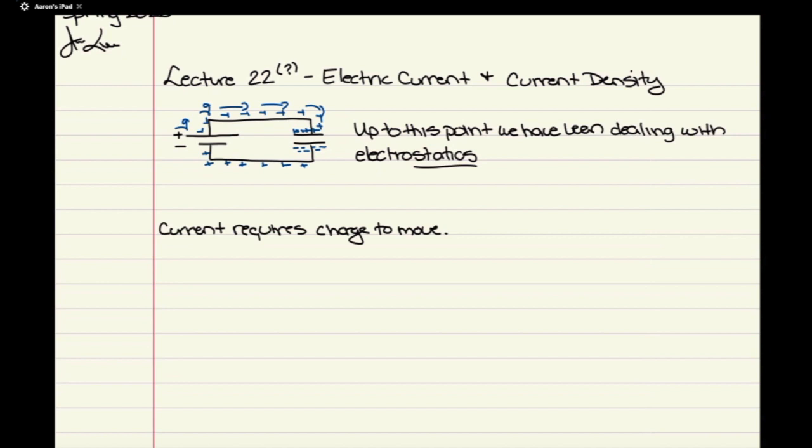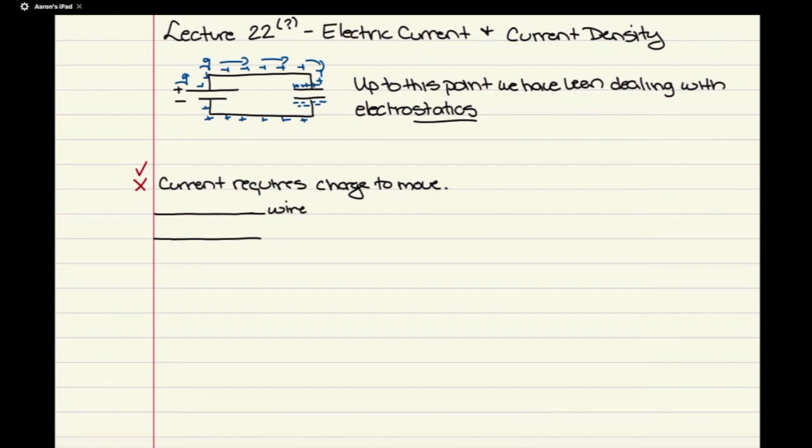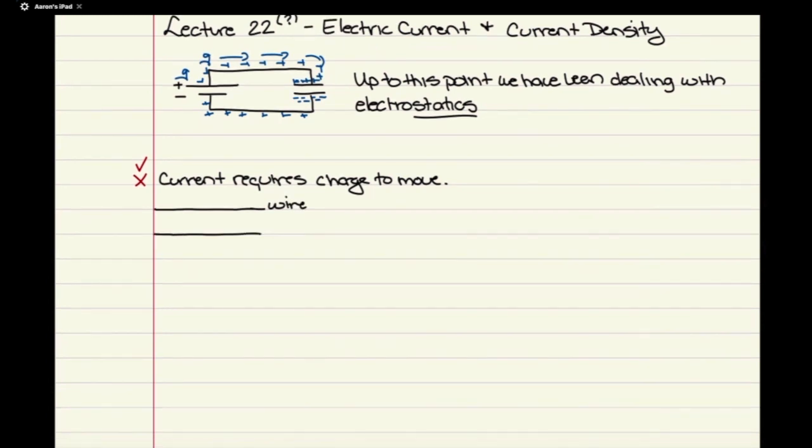And I would say this gets us kind of the way there, but not entirely. Because there can be cases where charge is moving and you don't actually have anything that's representative of a current. Here's how we might look at it. Suppose you have a wire that is not hooked up to a battery or any sort of potential difference.